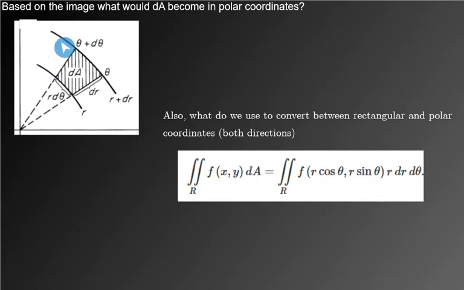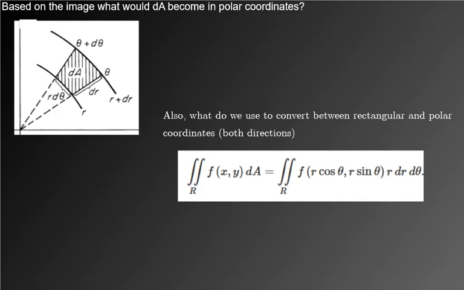So our dA is an infinitesimally small polar rectangle, we'll call it. If you imagine this continuing over a circle, you're splitting the circle up into little pieces, whereas before we took a rectangle and split it up into little quadrants.